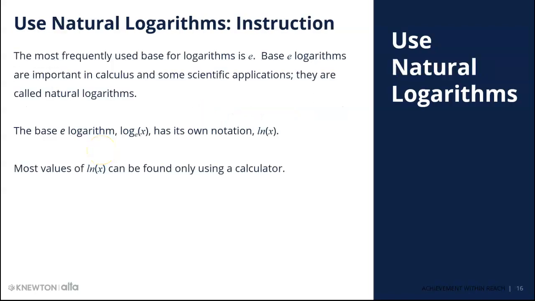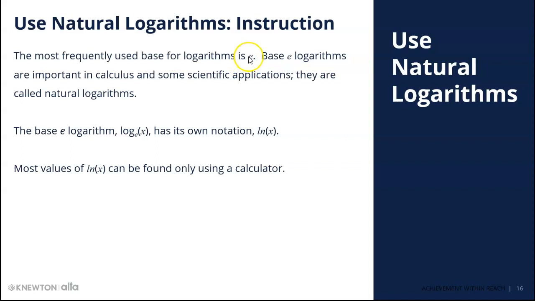Finally, the most frequently used base for logarithms is e. E is a constant. This is an irrational number, and this is commonly used as base for logarithms, and this has important applications in calculus and some other scientific applications.